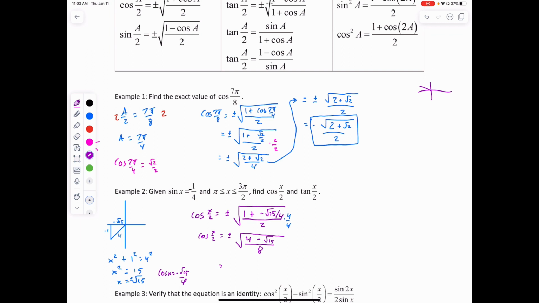It doesn't matter where x is, it matters where x over 2 is. If we know that x is between these values, then x over 2 is going to be between all of these divided by 2. So I'm between pi over 2 and 3 pi over 4. I'm in the second quadrant, making cosine still negative, and therefore I'm getting specifically a negative square root of 4 minus radical 15 over 8.